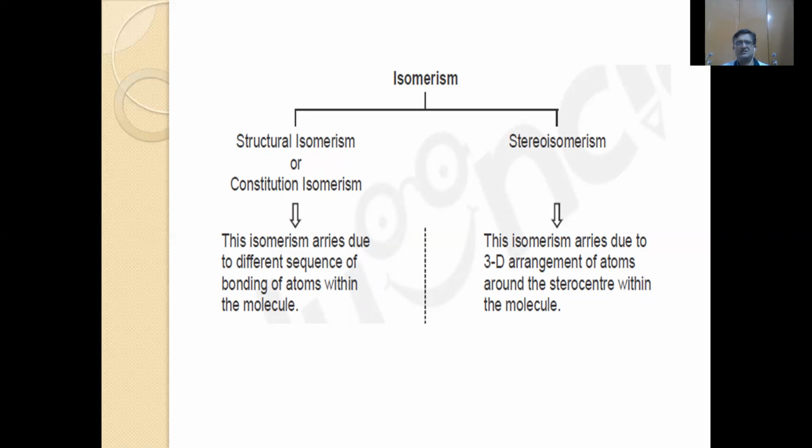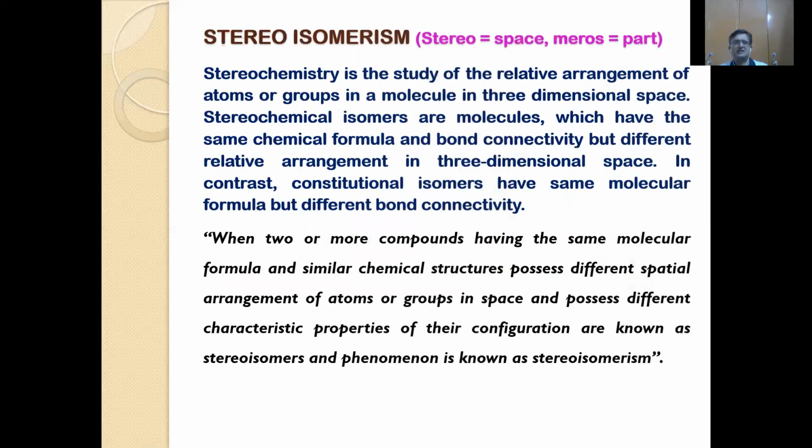Stereoisomerism is a type of isomerism that mainly involves the arrangement of atoms or groups in three-dimensional space. Therefore, stereoisomerism deals with the three-dimensional aspects of structures. What exactly is stereoisomerism? It studies the relative arrangement of atoms or groups in a molecule in three-dimensional space.